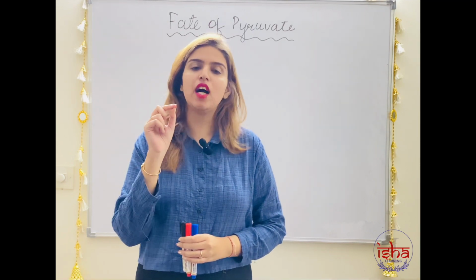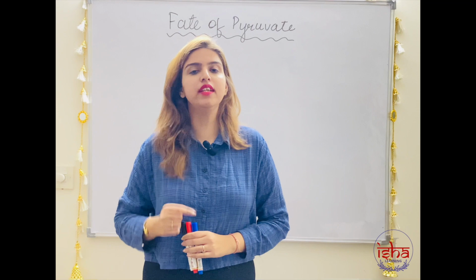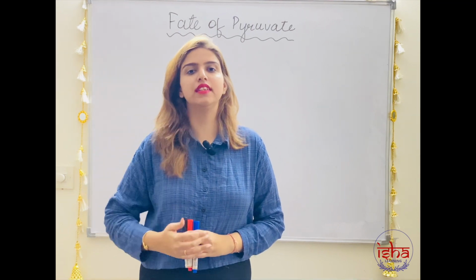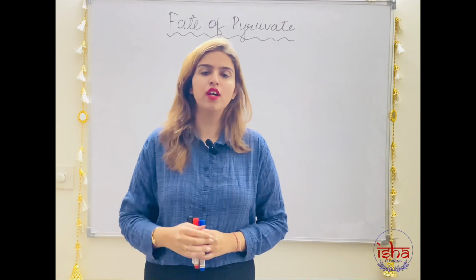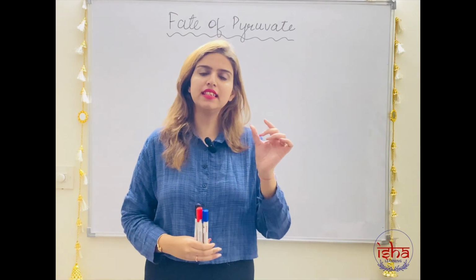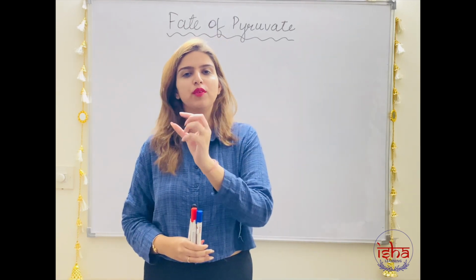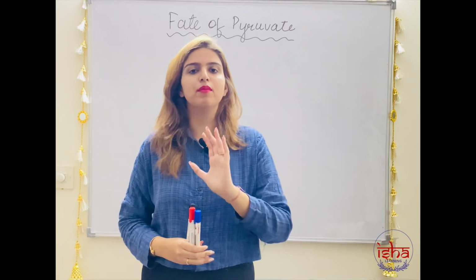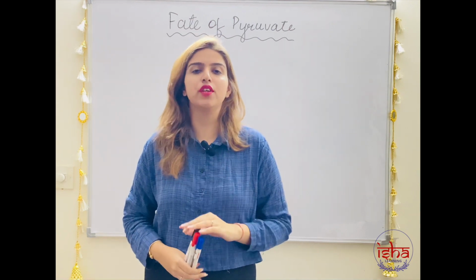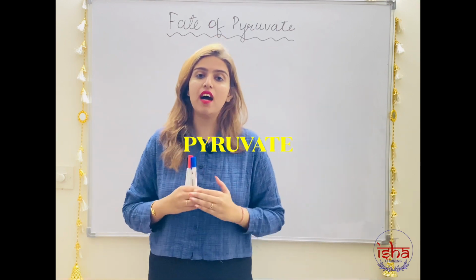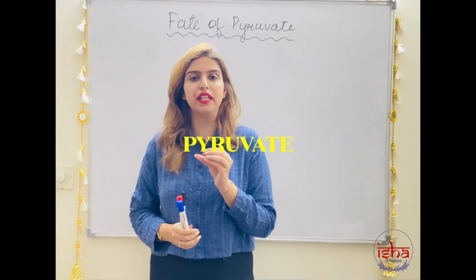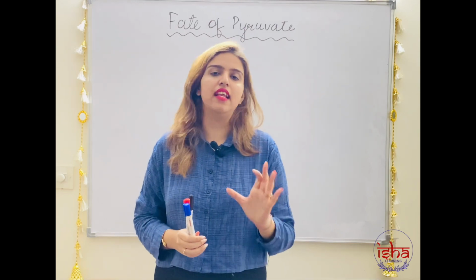So, this 6-carbon glucose is broken down by these glycolysis reactions into two molecules of pyruvate. As you would expect, a 6-carbon compound will be broken down into two 3-carbon compounds, that is, two molecules of pyruvate. The story we are going to look at now is what happens with pyruvate in the cell.